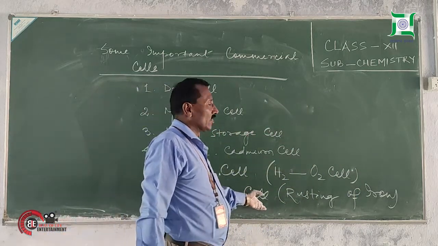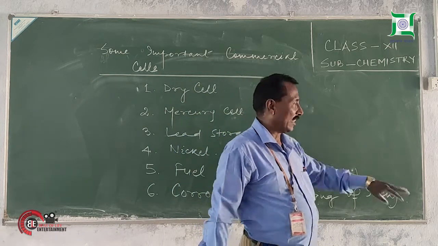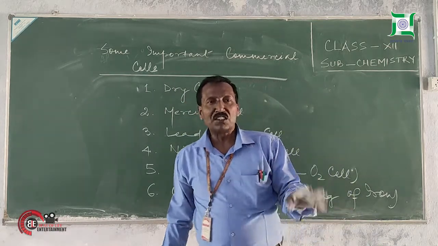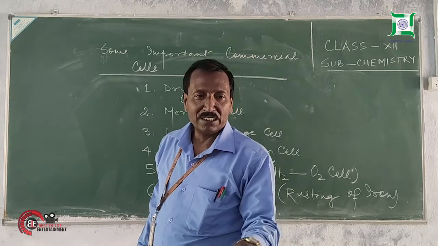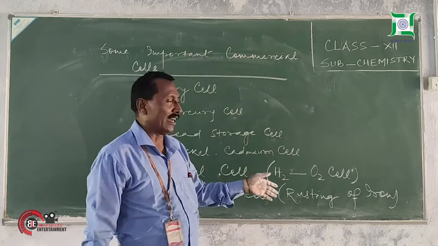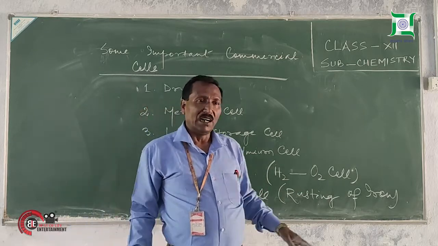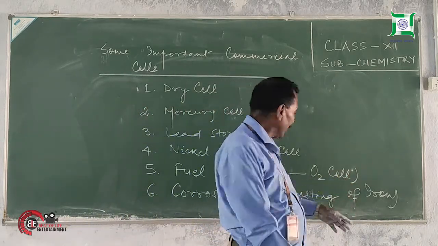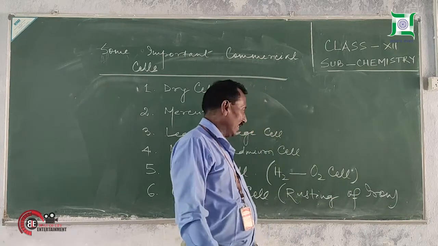And finally, corrosion cell in the form of rusting of iron. Rusting of iron is quite a common word, and everybody is acquainted with it.